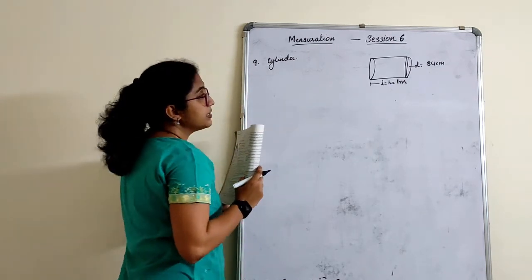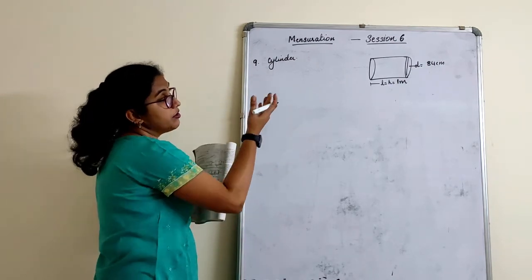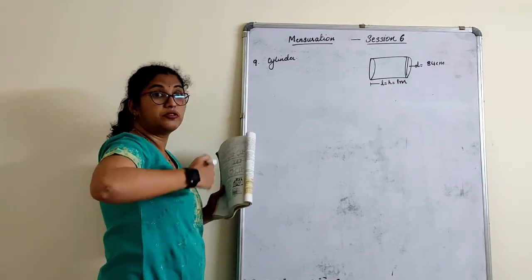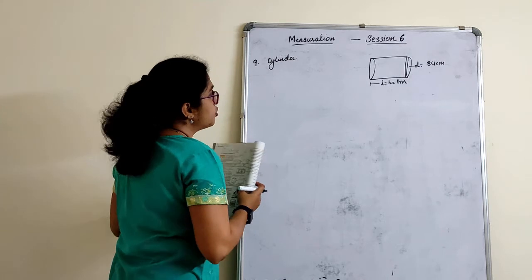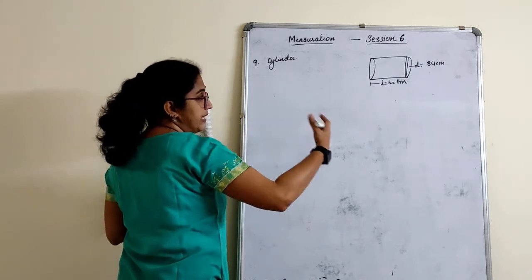Okay, that is what is given. It doesn't look like that, but yes, because in a road roller the diameter will be more and the length will be a bit short because it is used to level the road.